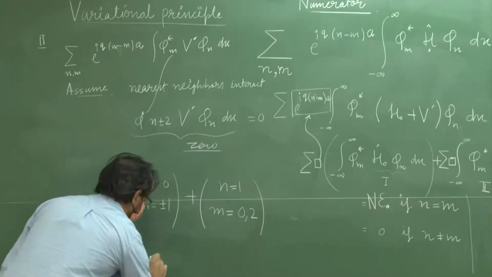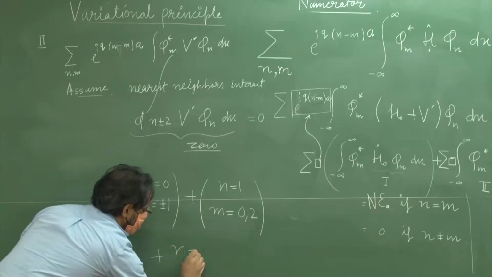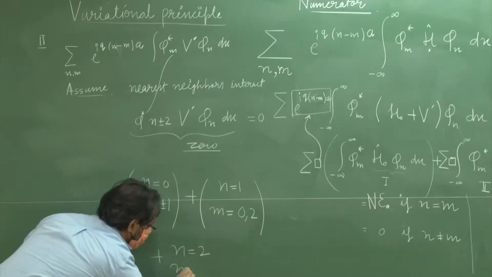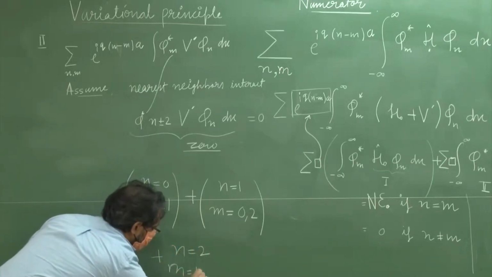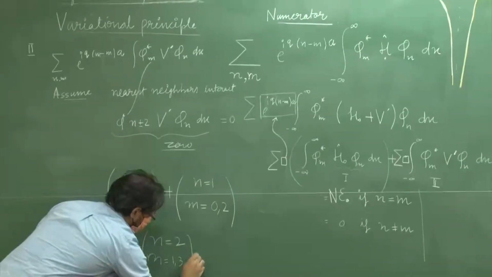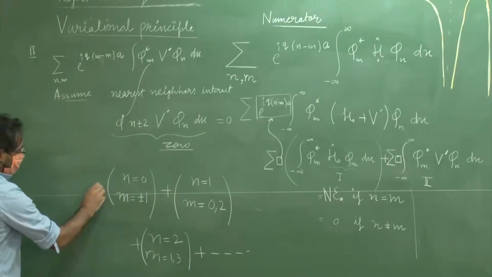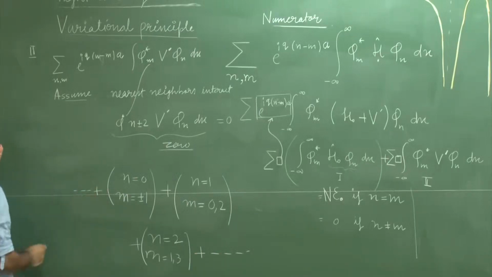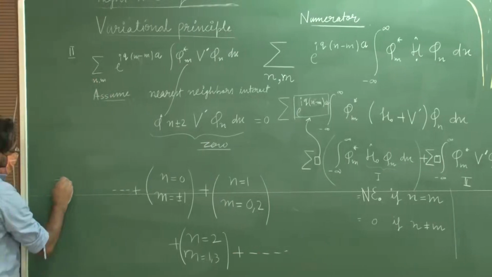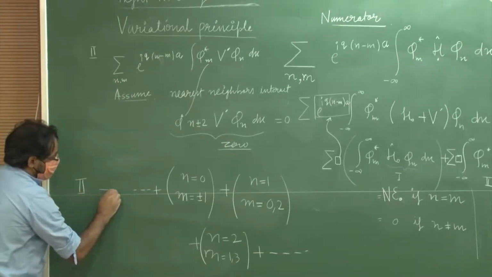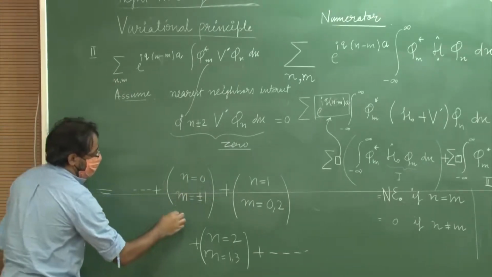Then you take n to be 2 and you get m equal to 1 and 3, and so on and so forth. And similarly on this side. So this second piece has these kinds of terms.